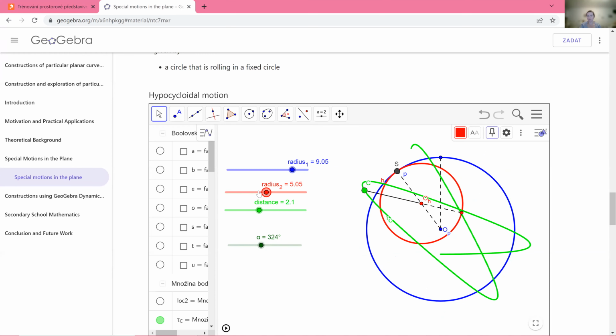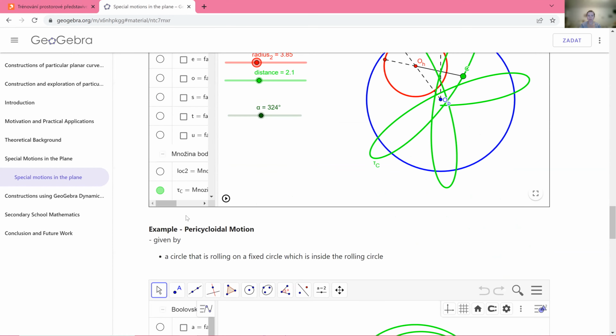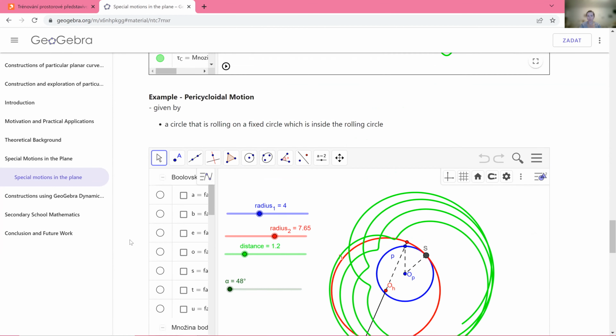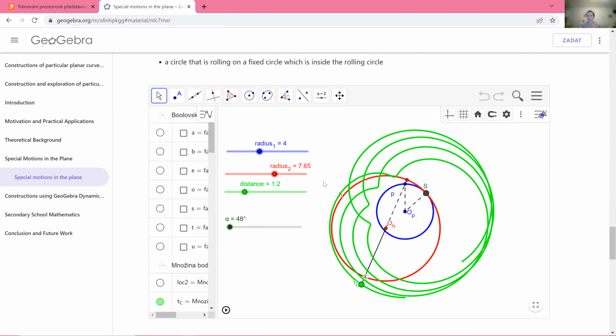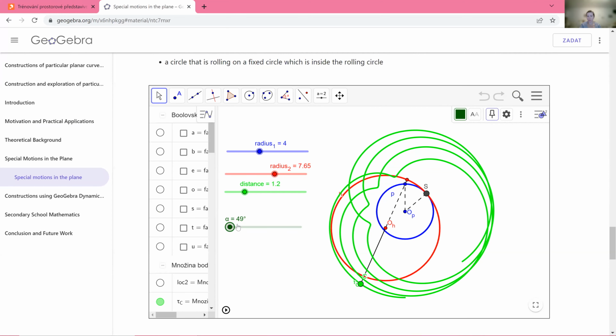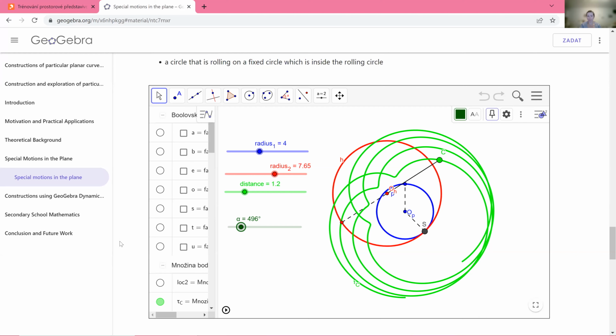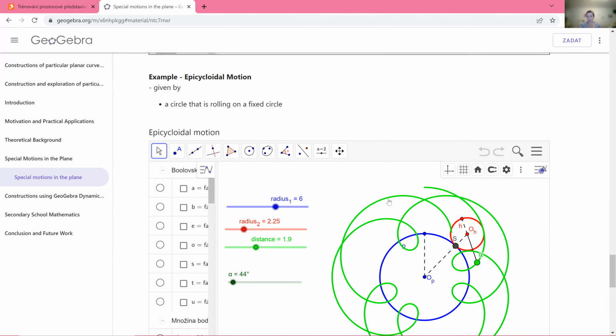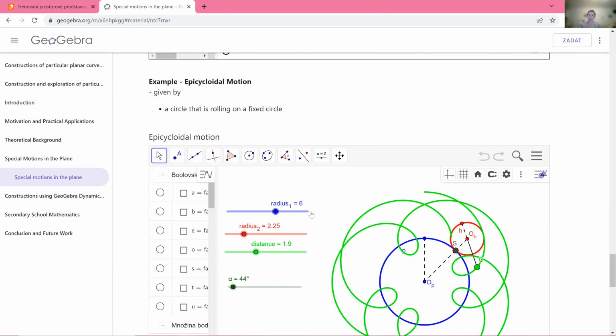It's really difficult. Or pericycloidal motion, where a circle is rolling on a fixed circle. Again, you can see that motion. Or epicycloidal motion, for example, a circle rolling on a fixed circle.